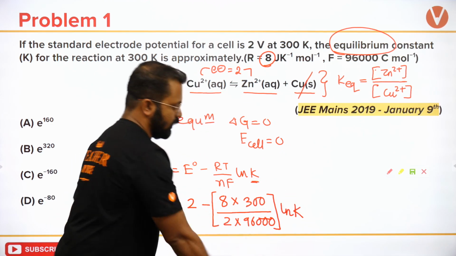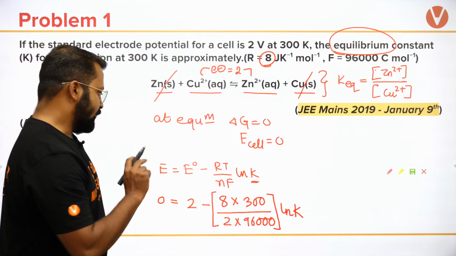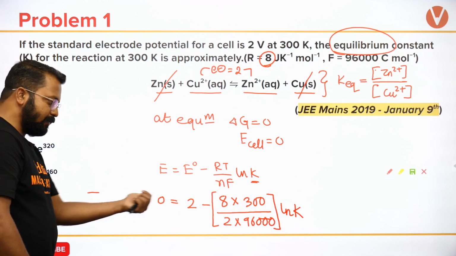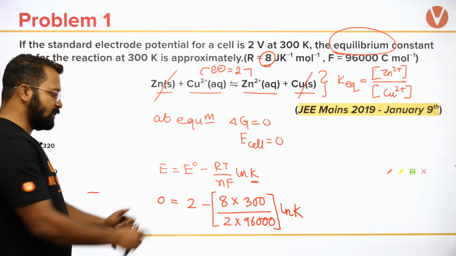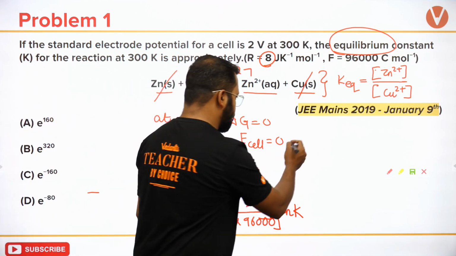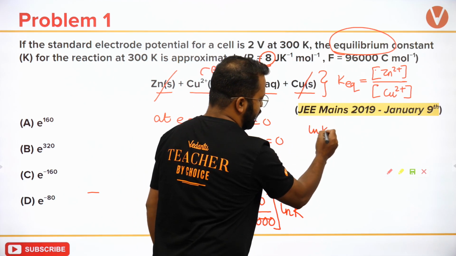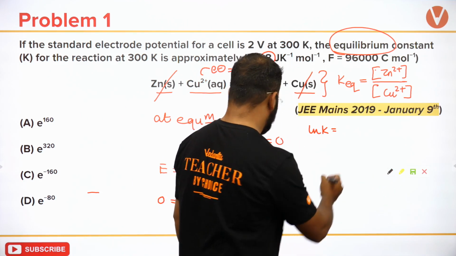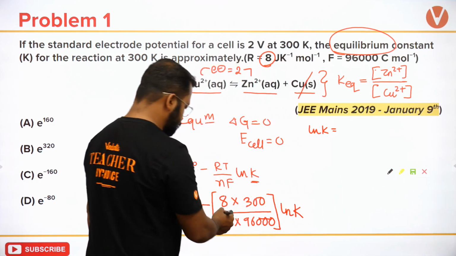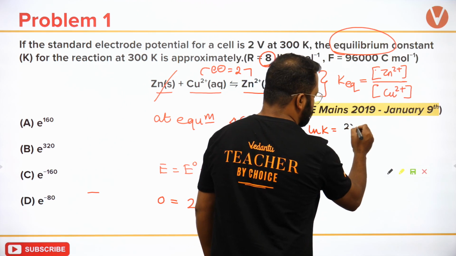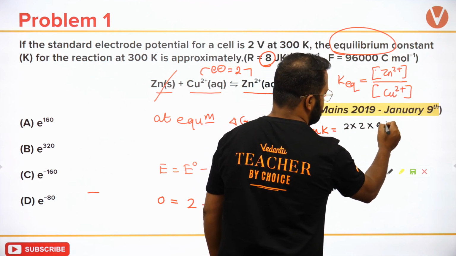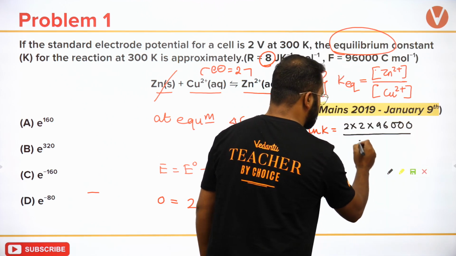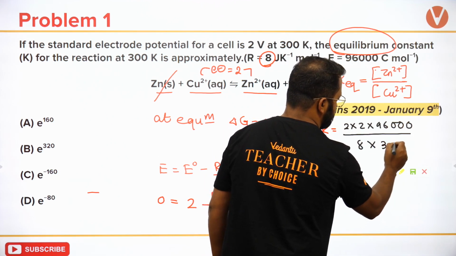ln K. Okay, now if I take this on the left hand side, this will become negative and negative cancel हो जाएगा. This will become positive. So how would I write? ln K will be equal to 2 times 2 times 96,000 upon 8 times 300.